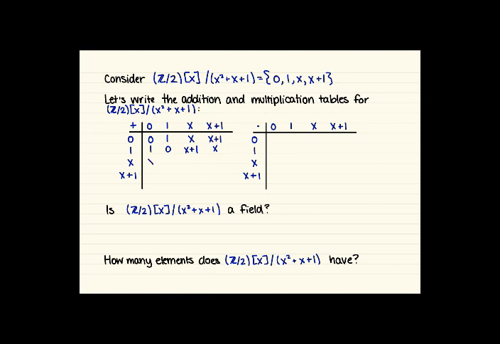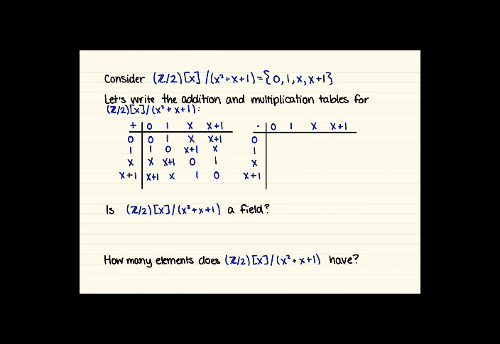x plus 0 is x, x plus 1 is x plus 1, x plus x is 2x, which is 0, x plus x plus 1 is 1, x plus 1 plus 0 is x plus 1, and then x, 1, and finally 0.